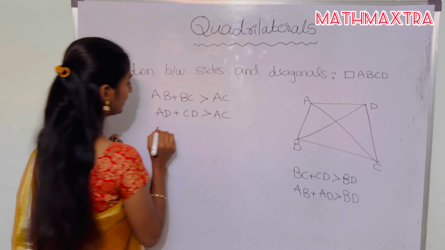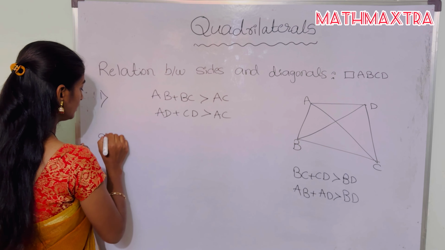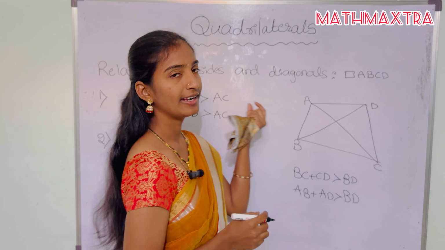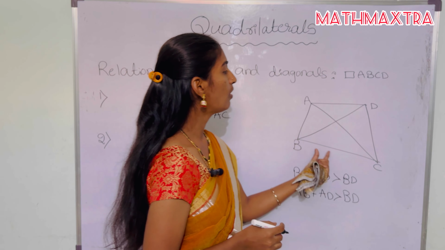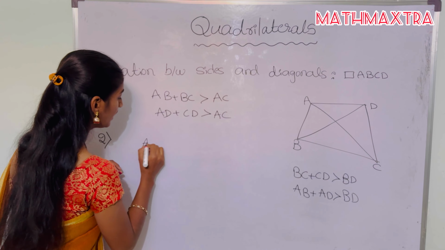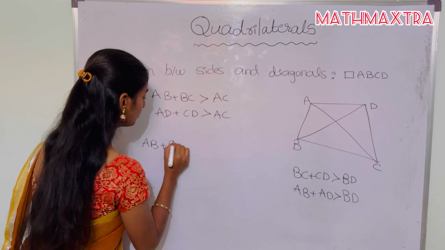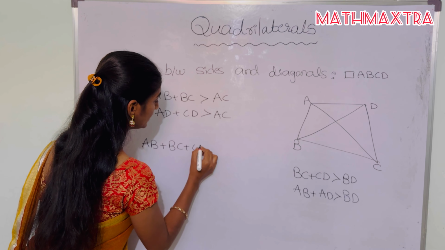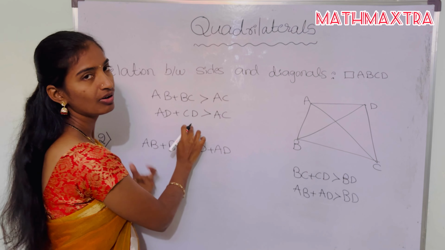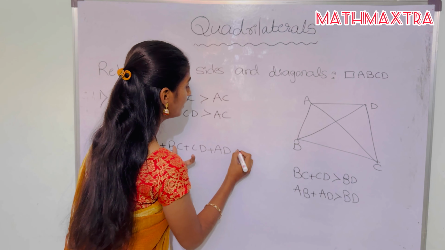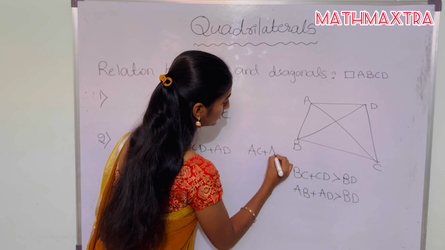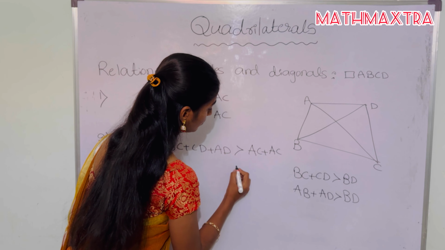Okay. And so the second property, the second relation, is the sum of all the sides of a quadrilateral, which is nothing but AB plus BC plus CD plus AD, which is the sum of all left side terms, and you also add the sum of right side terms. Okay. So what happens?